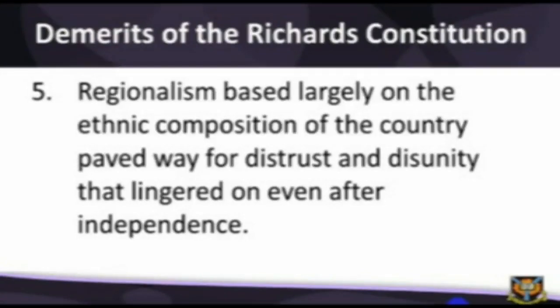They sent a delegation to London in 1947 to protest against the Richards Constitution before the Secretary of State for the Colonies and demanded, among other things, the immediate revision of the Constitution. The Secretary of State for the Colonies, however, told them to give the Constitution a trial in the first instance before talking about any revision.